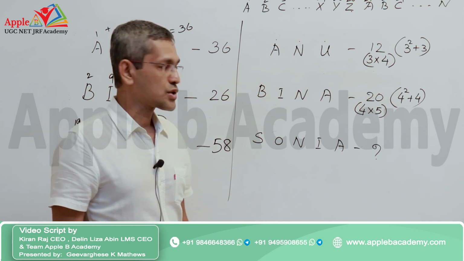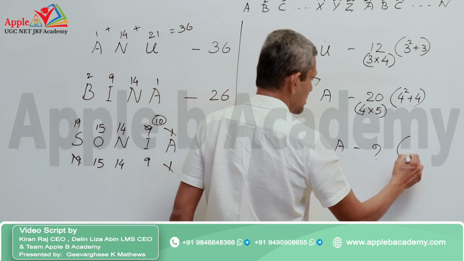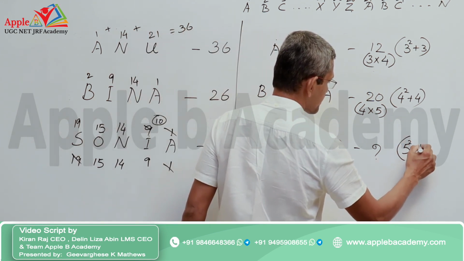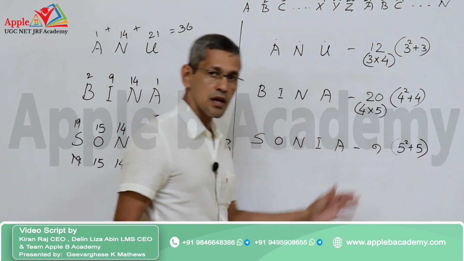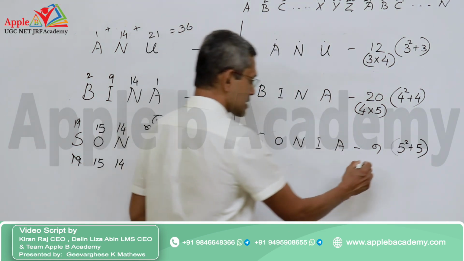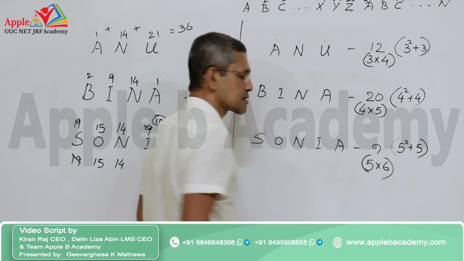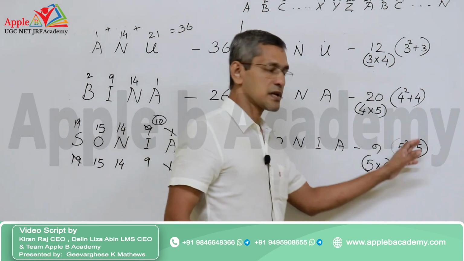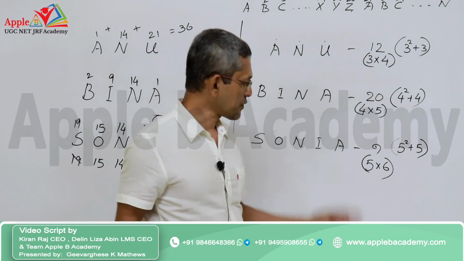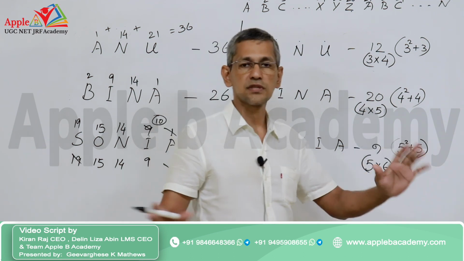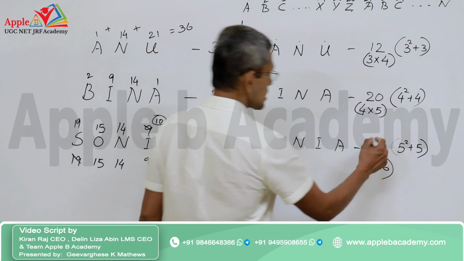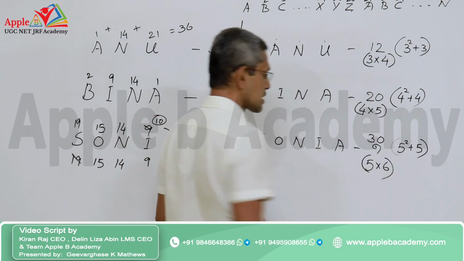So 5 square plus 5, or 5 into the next number, 6. So 5 into 6 or 5 square plus 5, both are 30. So ultimately, the answer in this case is 30.